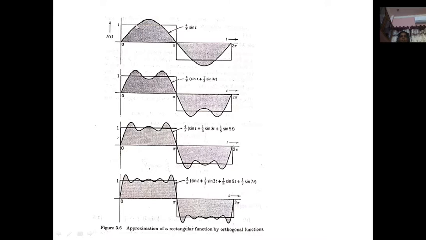With only a single sinusoid, the error is more. With 4 by pi sin t plus 1 by 3 sin 3t, two sinusoidal functions, the error is somewhat reduced. With three sinusoidal functions, the error is reduced further. As the number of coefficients goes on increasing, the original function and the synthesis function become a closer approximation.